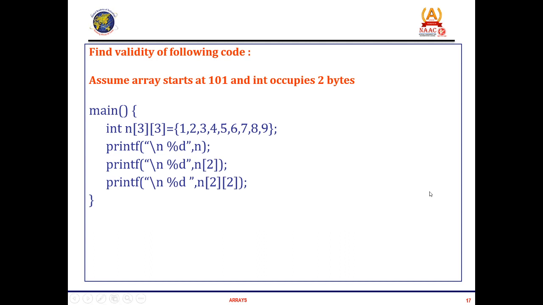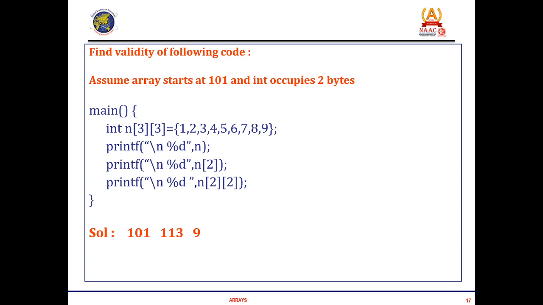Let me explain, but before explaining, let me throw you the answer. The output of this program is 101, 113, and 9. Let us try to understand how you land up getting this answer. First, let me draw the memory map for this declaration statement.